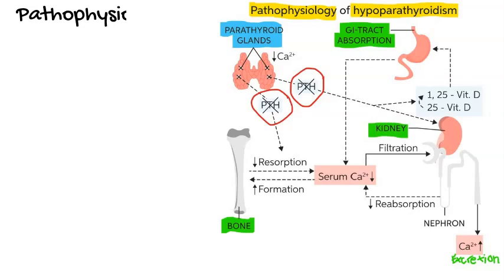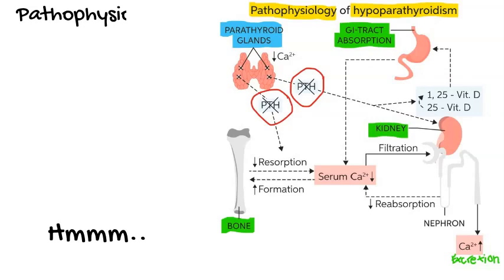Parathyroid hormone also stimulates the kidney to change vitamin D from the inactive form to the active form, which will stimulate the gut for GI tract absorption of calcium. When it's not present, the calcium level will drop.